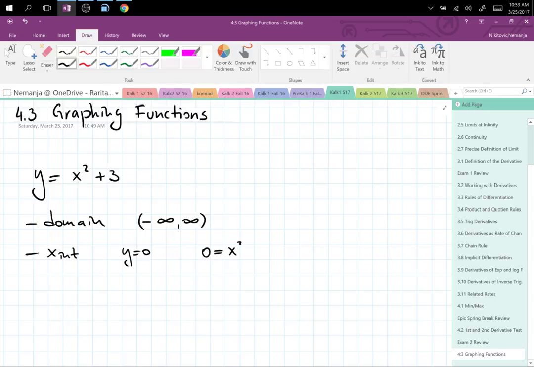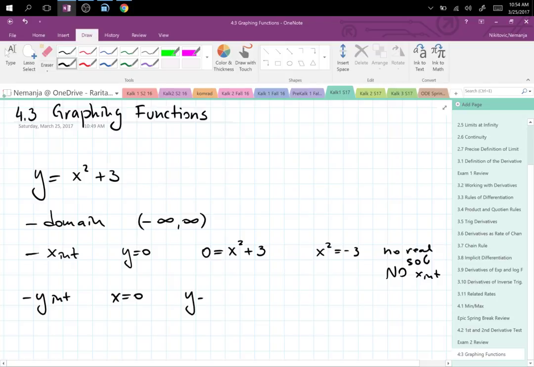So 0 is equal to x squared plus 3, from where we get that x squared is equal to negative 3. So no real solutions, and we need real solutions on the x-axis, which means no x-intercept. For the y-intercept, we set x equal to 0, so y is equal to 0 squared plus 3, which is equal to 3. And we do have a y-intercept. It's a point, so we have (0, 3).